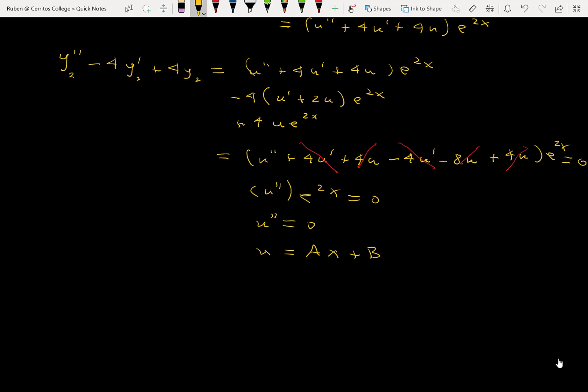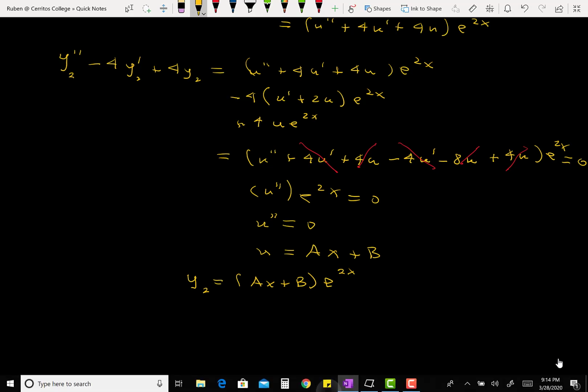Now keep in mind that this u is part of our second linearly independent solution that we're searching for. So if we substitute u into the form for our second linearly independent solution, we get y2 equals ax plus b times e to the 2x. However, we're looking for the simplest possible second linearly independent solution.